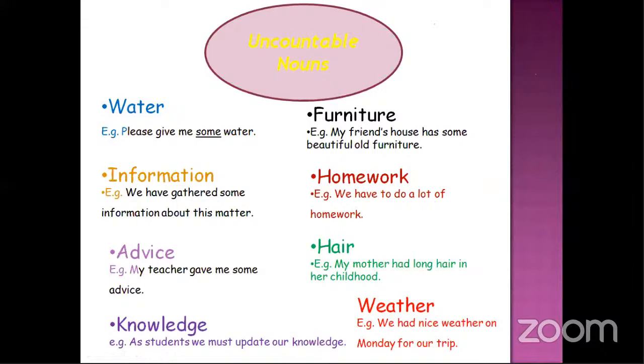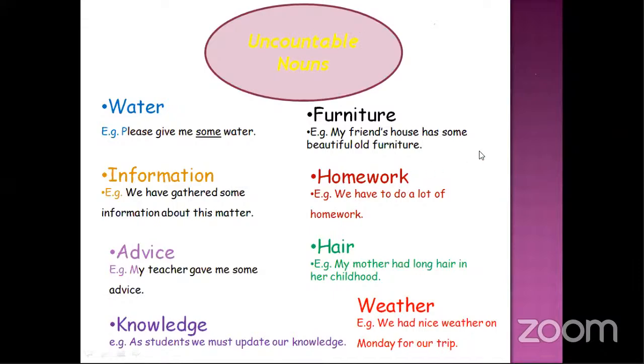Hair. My mother had long hair in her childhood, not hairs. Next one, weather. We had nice weather on Monday for our trip. So likewise, we don't use any plural nouns for uncountable nouns.